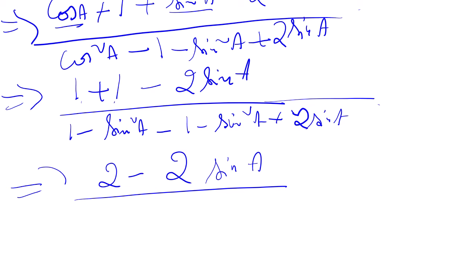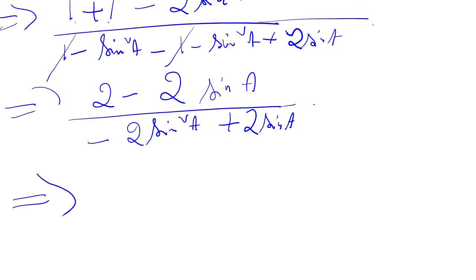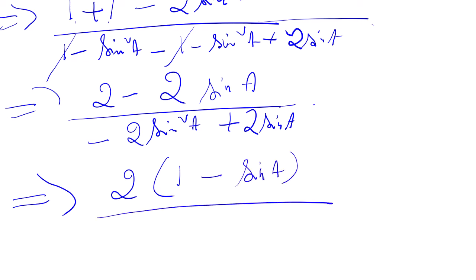And here we will get 1 and minus 1 will get cancelled, and this is minus sin square A and minus sin square A is minus 2 sin square A and plus 2 sin A. So now here if you take out 2 common it will become 1 minus sin A, upon here if you take out 2 sin A common then you will get 1 minus sin A, right?